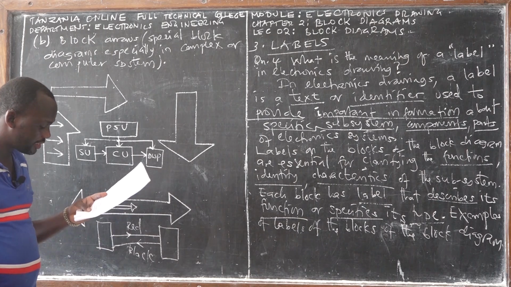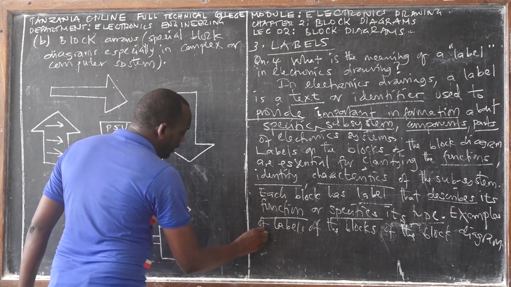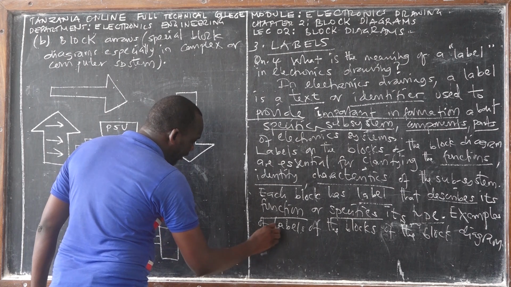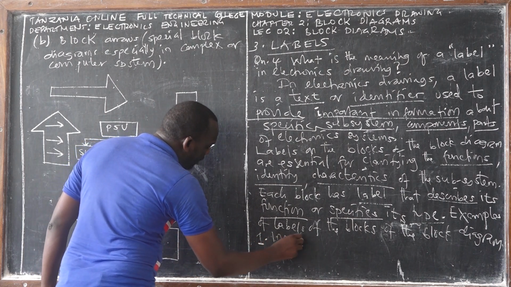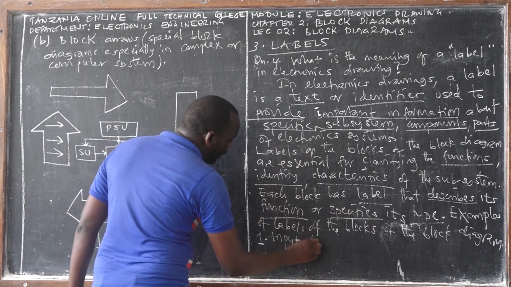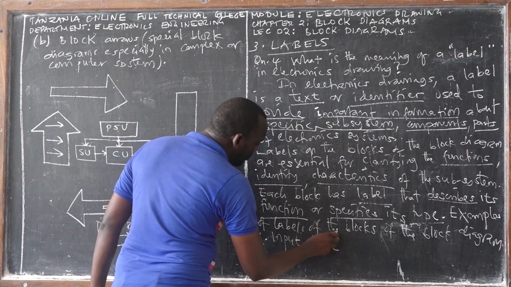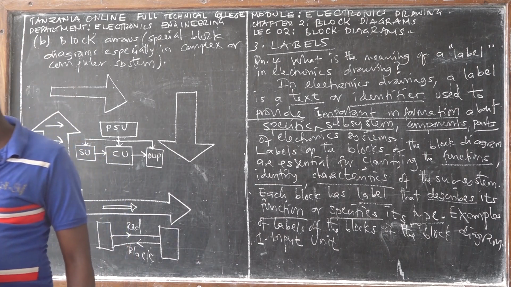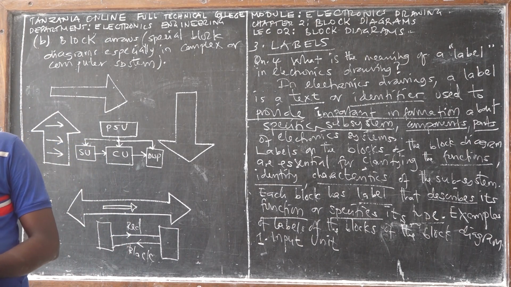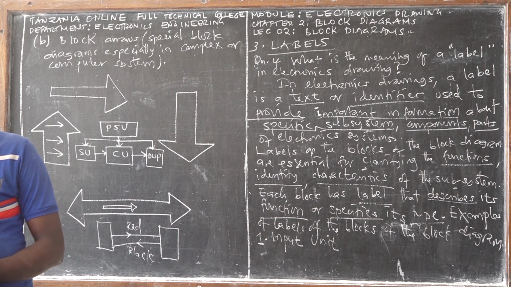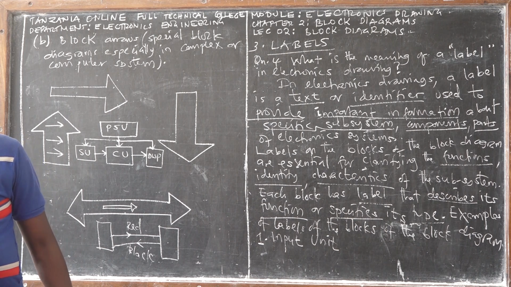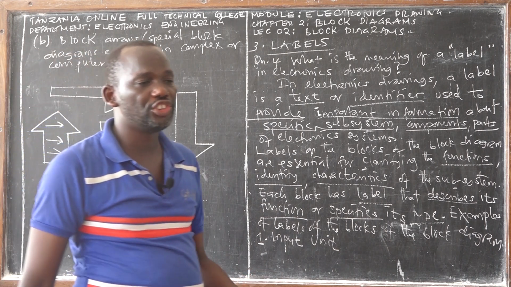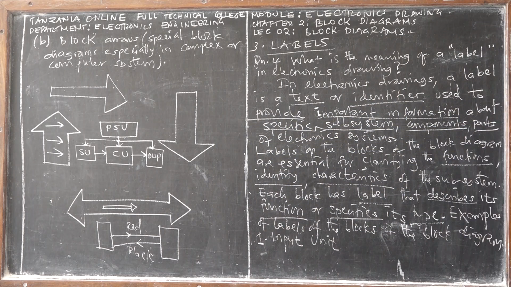In the first example, you can find that one of the labels of a block is called the input unit. Say input unit. So, what does that label mean? What information do you get from that label?